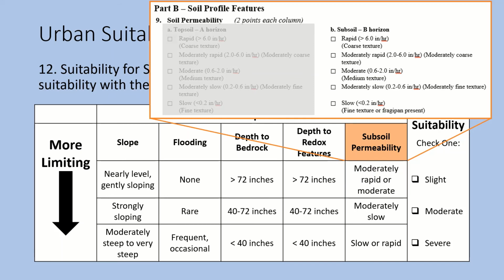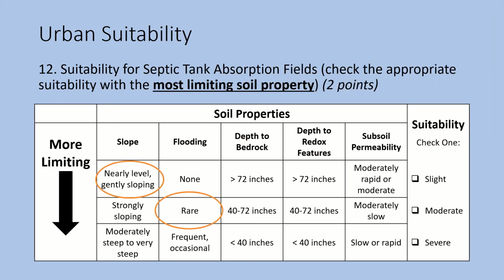So if you go through each of these and determine where they all fit, you'll use the most limiting one. You can see here, our most limiting soil property was the depth to redox features. Seasonally high water table is within 40 inches of the soil surface. So the suitability of this site for a septic tank would be severe.